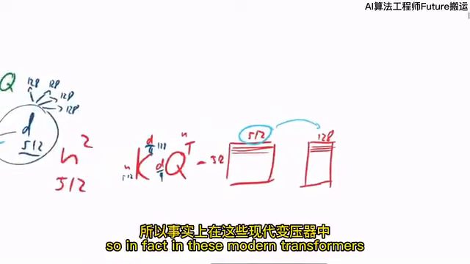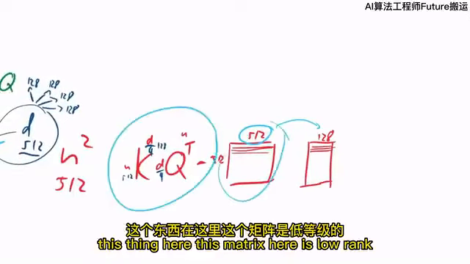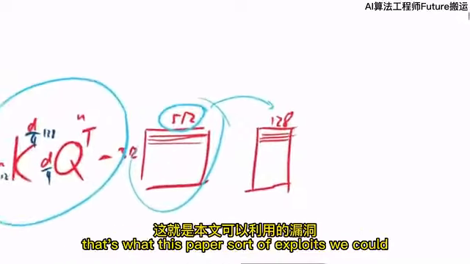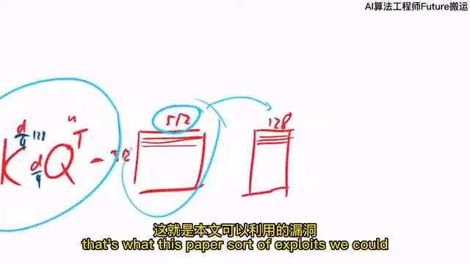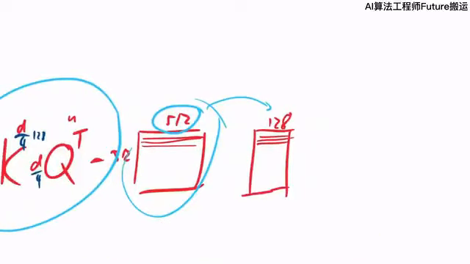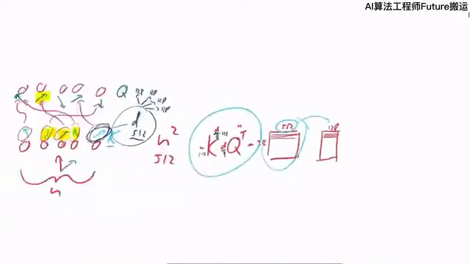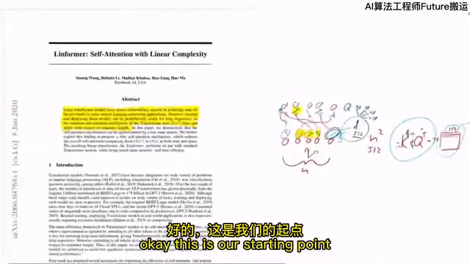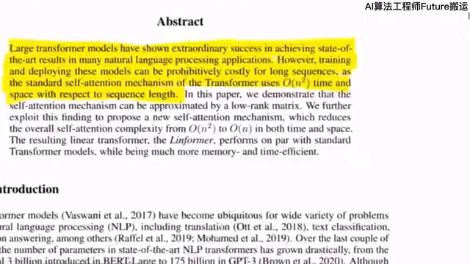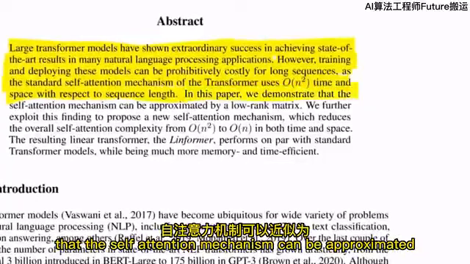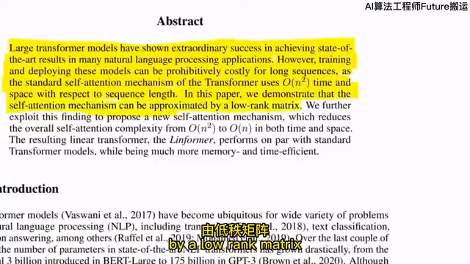So in fact, in these modern transformers, this matrix here is low rank, and that's what this paper exploits. We could approximate this by 128 dimensions. Okay, this is our starting point. They go on and say, in this paper, we demonstrate that the self-attention mechanism can be approximated by a low-rank matrix.